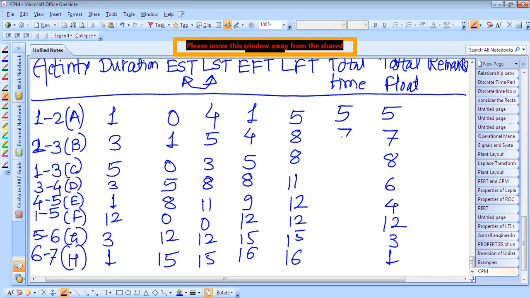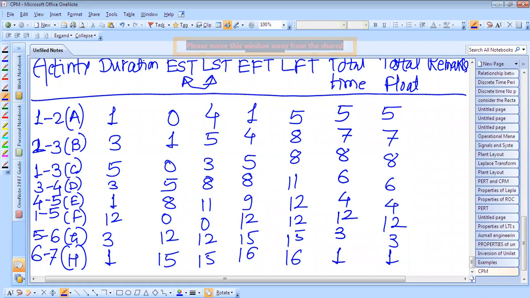LFT minus 1, 7. LFT minus 0, 8. LFT minus 5, 6, 4, 12, 3, and this is 1. Okay. So I don't know what has happened with this table. All of a sudden, something happened and there is a reflection of this value over the other values.